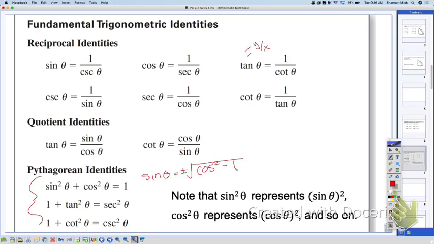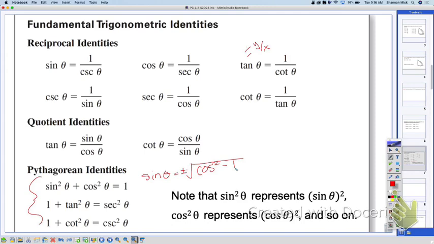Now the other note over here is that sine squared theta is the same as just saying sine of theta squared. You notice I said sine squared, cosine squared. It goes for all the functions. It's neater.